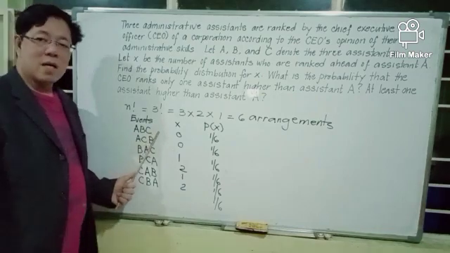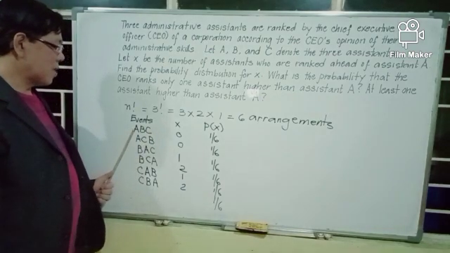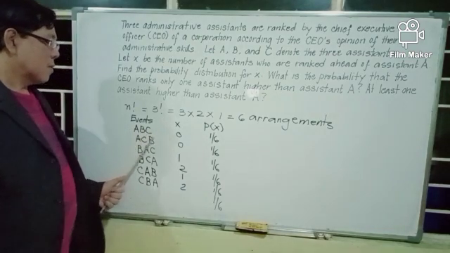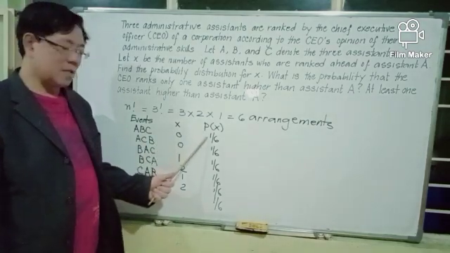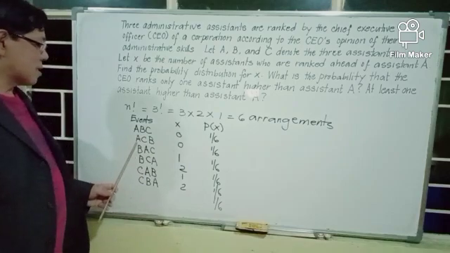The probability that this event will occur, ABC, where the value of the discrete random variable x is 0, is 1 over 6.